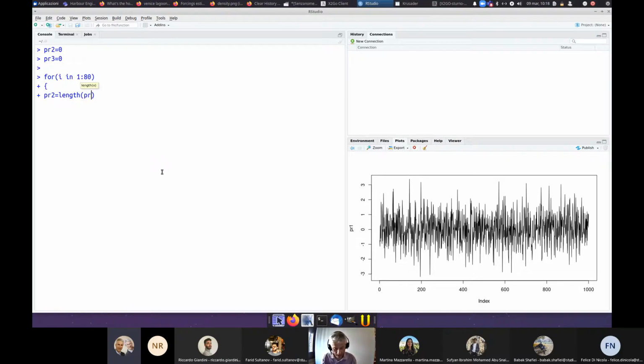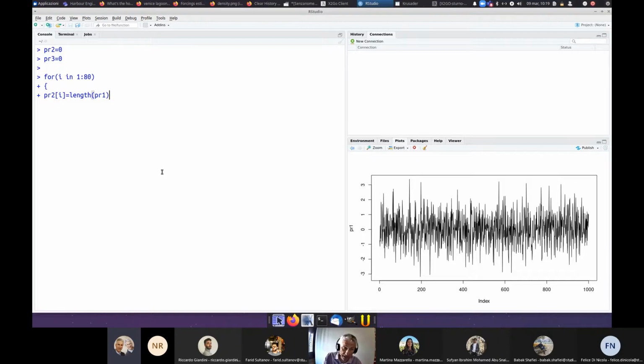PR1. And then I put conditions. First of all, let me write here not PR2 but PR2[i], because I need to count the observations falling in each interval. So I need to create a vector, and then I give the index i to each vector element. So in each step of the for cycle, it goes from the first interval to the second interval, the third interval, and makes the count, okay?